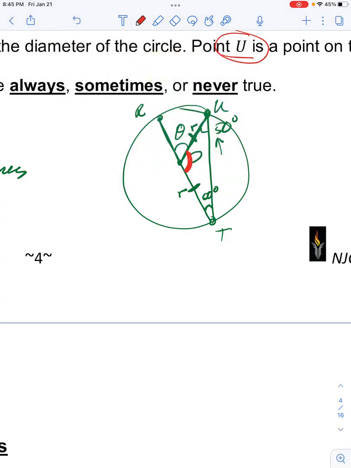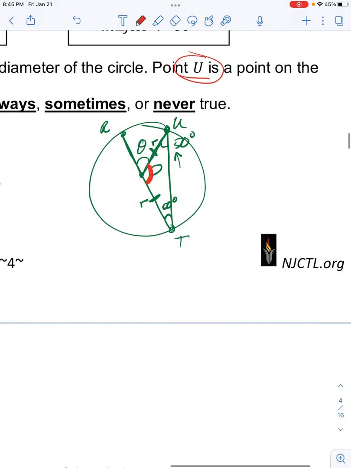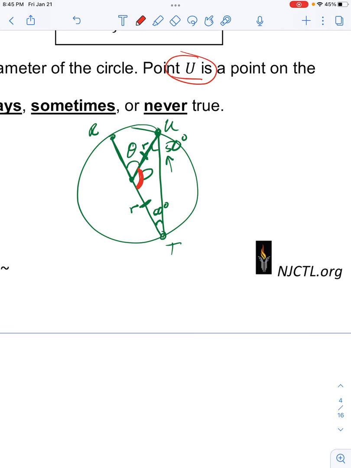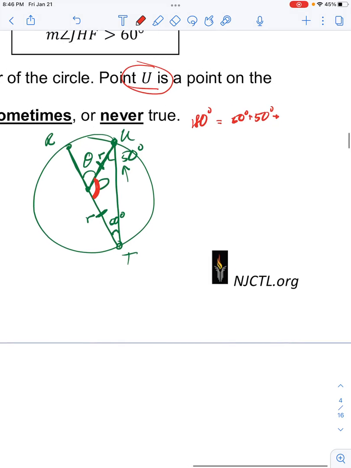So this angle would be the difference from the sum of all the angles in the triangle. So 180 equals 50 plus 50 plus UPT, the measure of angle UPT.